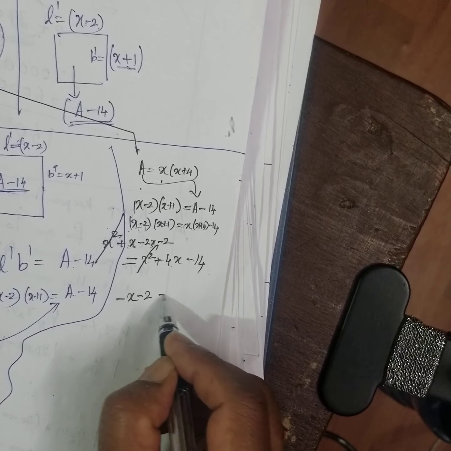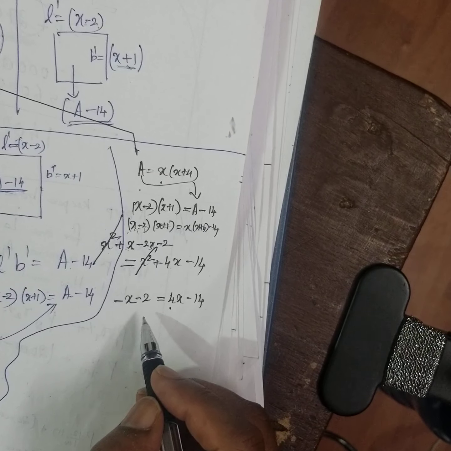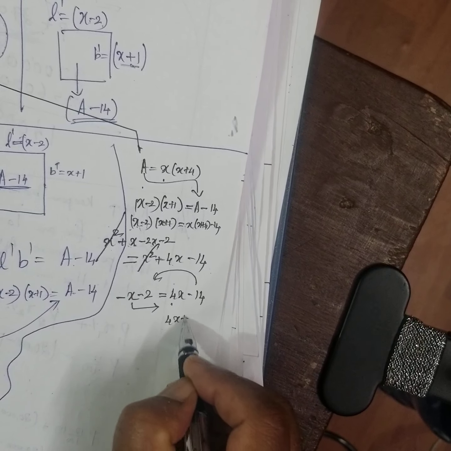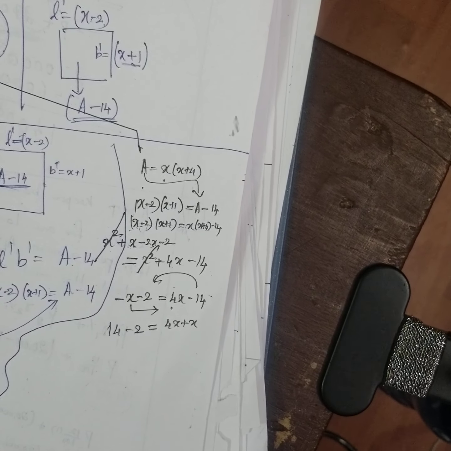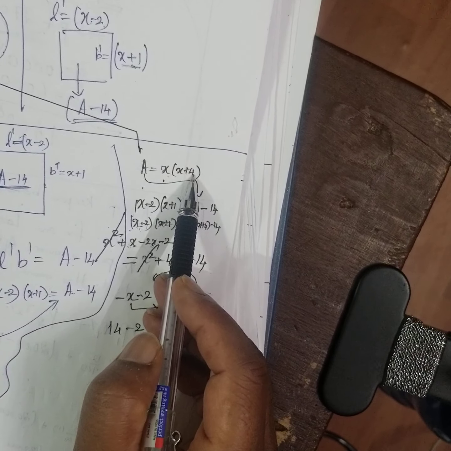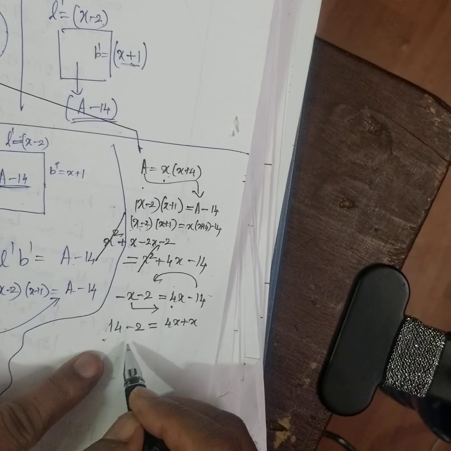Minus x minus 2 is equal to 4x minus 14. Moving terms, minus x minus 4x is minus 5x, and 14 minus 2 is 12.